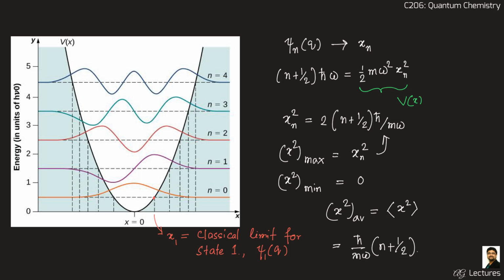Let's do that next. By the way, I just realized that this point is not really x₁. This is x₀, because this corresponds to n = 0. So let me quickly correct the arrow so that it doesn't create any confusion. So x₁ is here.